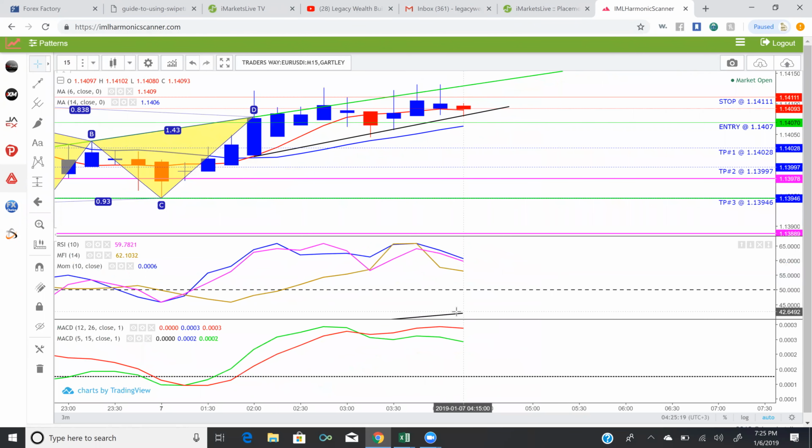Divergence signals that this is a good trade to get into. When you see divergence and signals, that's when you get in. So no matter who's doing the harmonic scanner training, go back to your IML TV so you can understand how to use the harmonic scanner. A lot of people put indicators, moving averages, and all these things on it, but when it boils down to it, the best way to use it is when you see divergence on the RSI and on price, period.